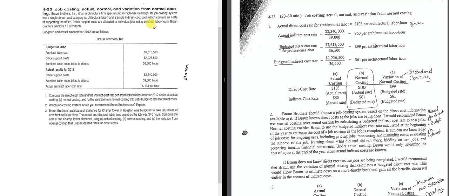So I'm going to have my manufacturing overhead, either actual or estimated, divided by our base, and our base is architect labor hours. So make sure that I tend to write a division sign and put architect labor hours on the bottom, so I remember that. Okay, so normal costing uses the budgeted amounts and actual costing uses the actual amounts.